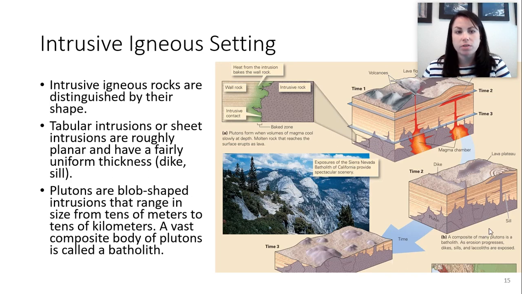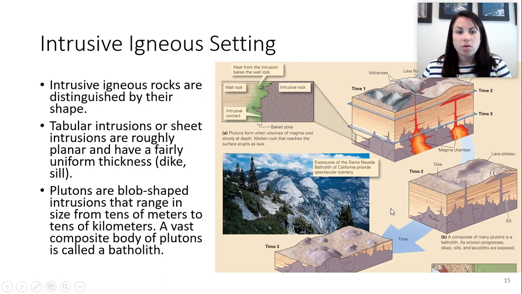Intrusive igneous rocks are distinguished generally by their shape. We can see tabular intrusions, or sheet intrusions, are roughly planar and have fairly uniform thickness. Some examples of these would be a dike or sill.